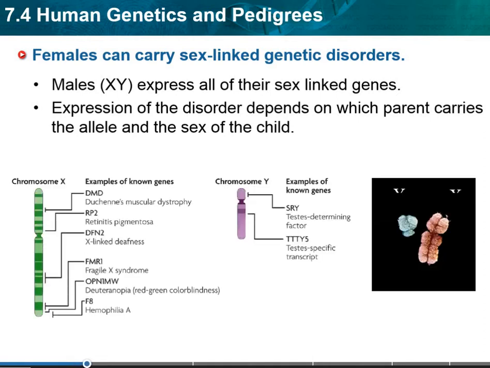So if we look at these X chromosomes, the sex chromosomes there at the bottom, you can see some known examples of sex-linked disorders. So Duchenne's muscular dystrophy, retinitis pigmentosa, X-linked deafness, Fragile X syndrome, red-green color blindness, hemophilia, testes determining factor, testes specific transcript.